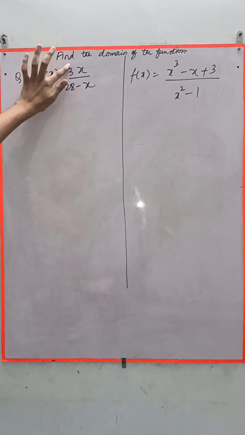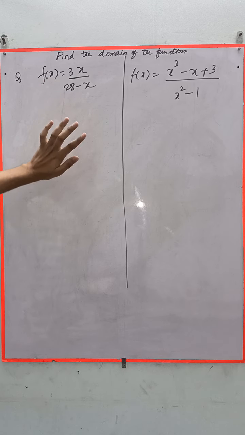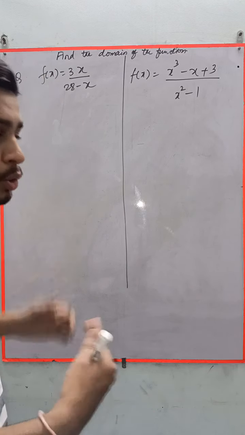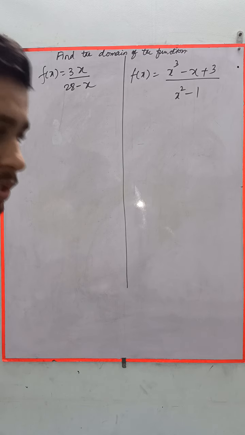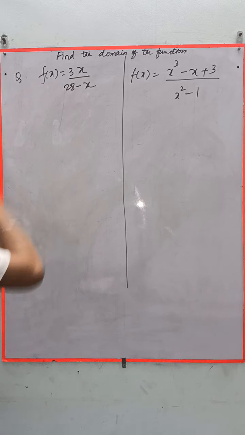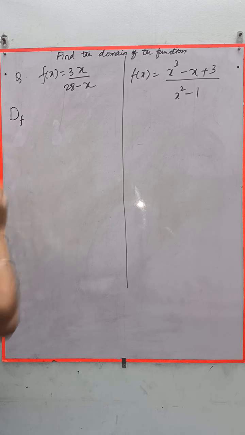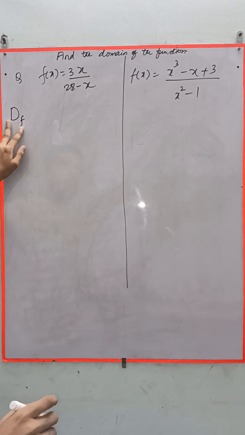f(x) is equal to 3x upon 28 minus x. As we have seen in the important points, this is a kind of f(x) upon g(x) function, where I told you that your g(x) should not be equal to 0. We need to find the domain. How is the domain written? It is denoted by D with subscript f.